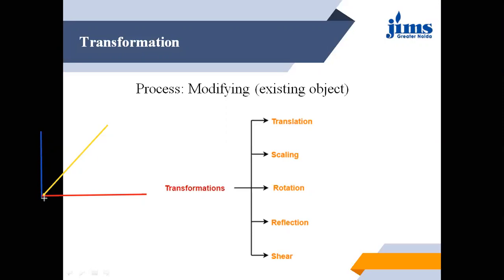So this is one direction, this is another direction, and this is height, and all these are perpendicular. This and this are perpendicular. This is perpendicular to this axis and perpendicular to this axis also.